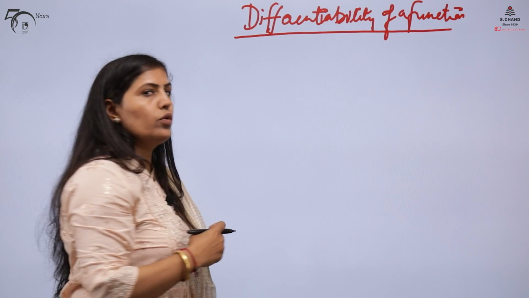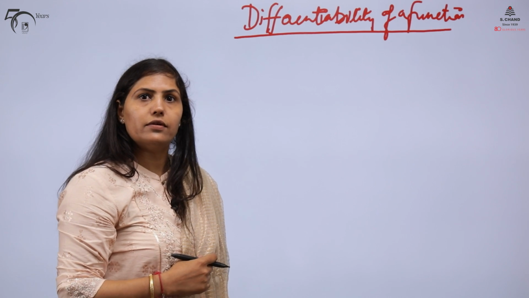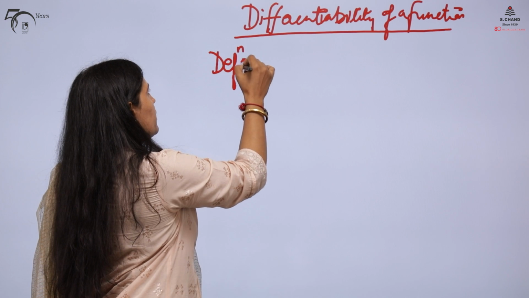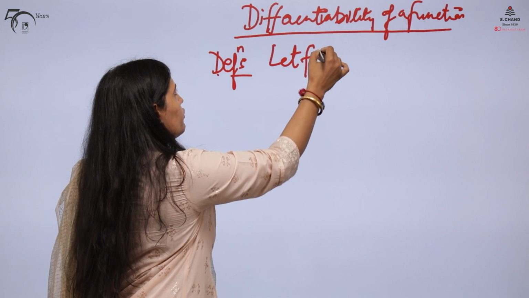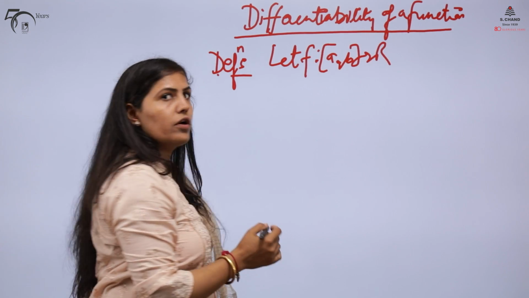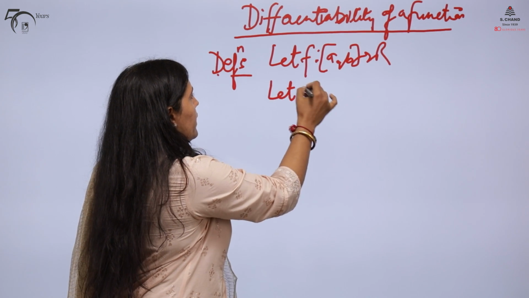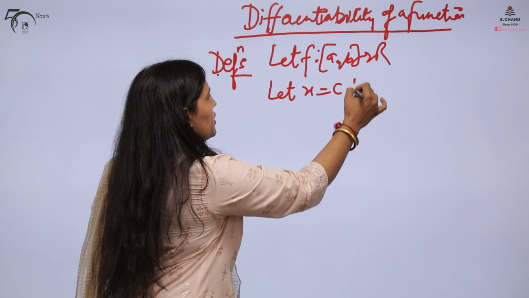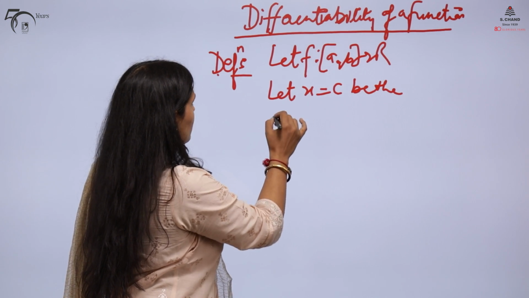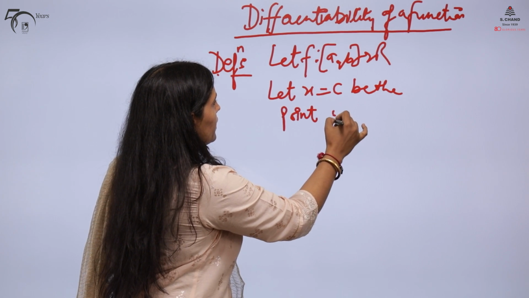Again, as I told you in the continuity also, the function should be well defined if you are checking the differentiability of a function at any point. So, let us again, for the definition, in brief I will be writing: let f from the domain AB be the function, and let x equal to C be the point in AB.